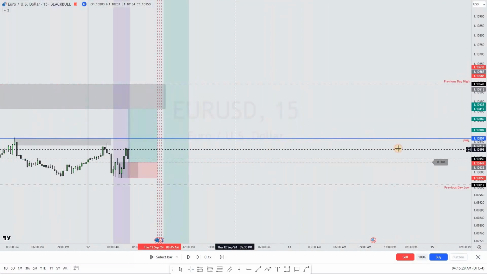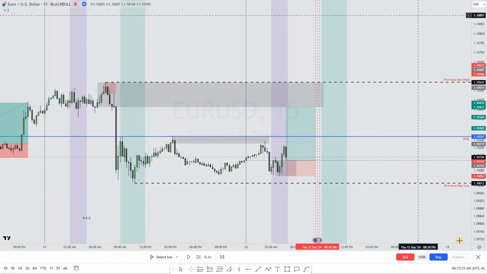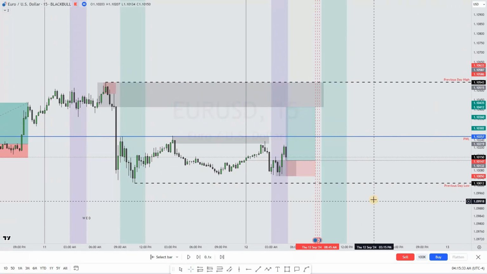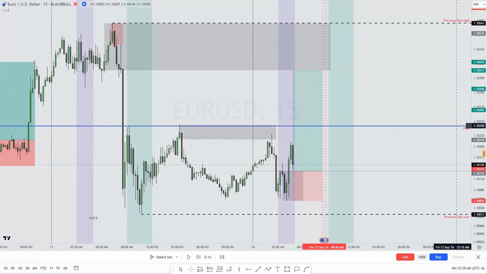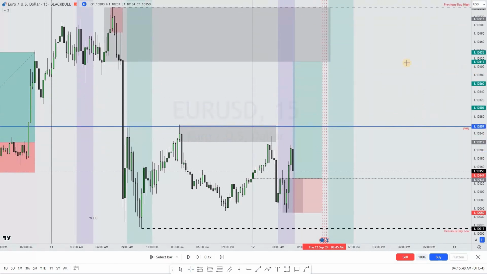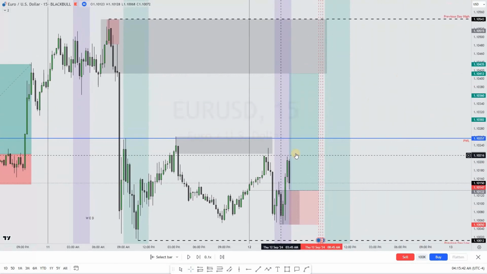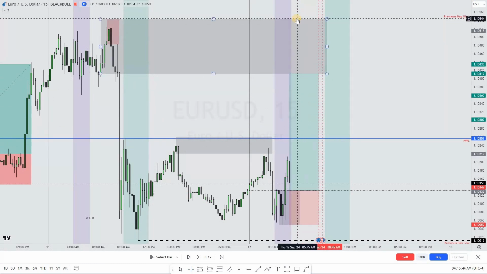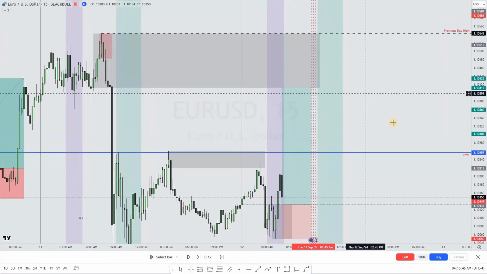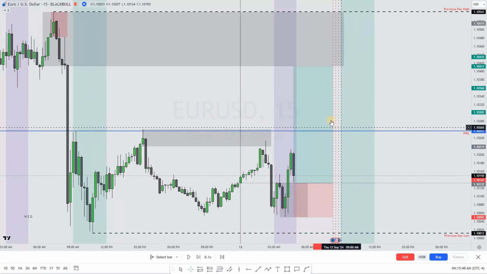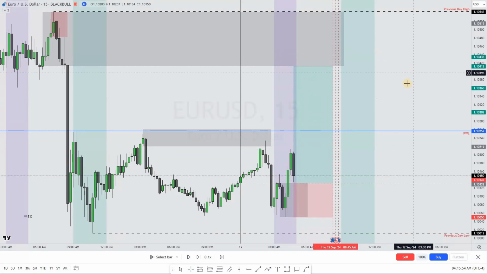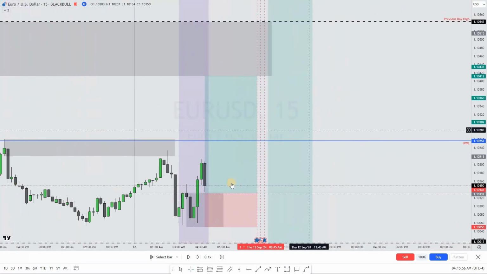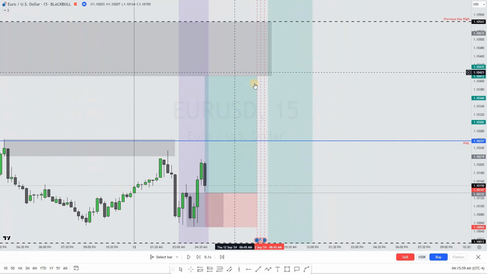Taking both in the same day happens, but it doesn't happen that often. So if I see something like this, I prefer the previous day high to be taken and price to continue from that direction. But because of the time and the red folder news events, I was not confident to hold, so I was anticipating to just take up to here and leave it.